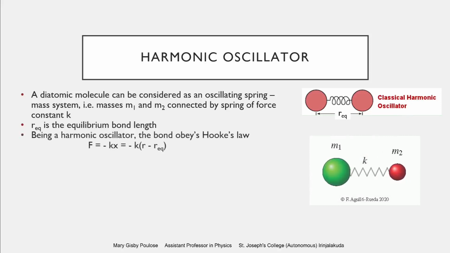Now, being a harmonic oscillator, this bond will obey Hooke's law, which is given as the restoring force is equal to minus kx. Instead of x, we have the distance in r terms here. It can be written as minus k into r minus Req, where r is the instantaneous distance and Req is the equilibrium distance.